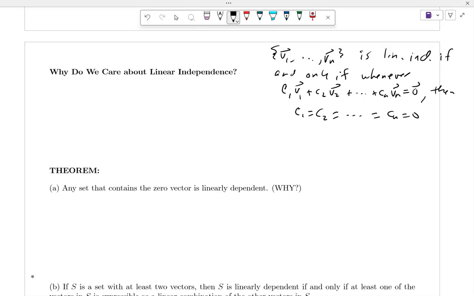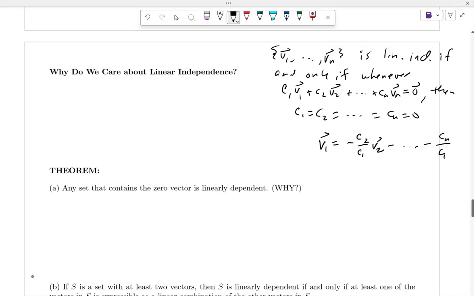Why couldn't you have vectors in the opposite directions? Then it wouldn't be linearly independent. That's the whole point, is that I can't write one vector in terms of the other. So if your C1 wasn't equal to 0, then I could solve for V1.